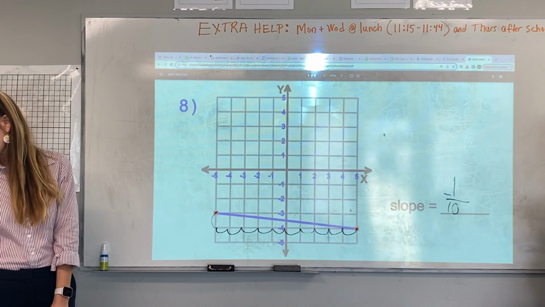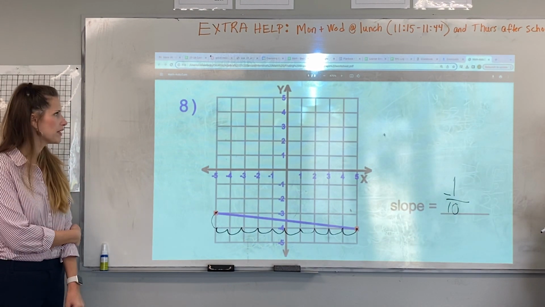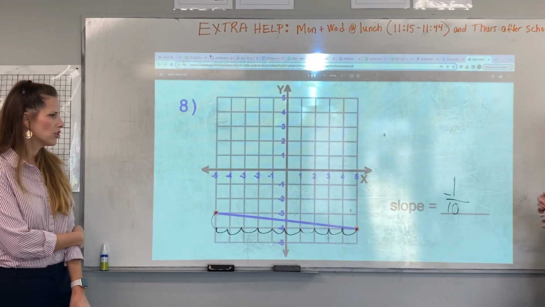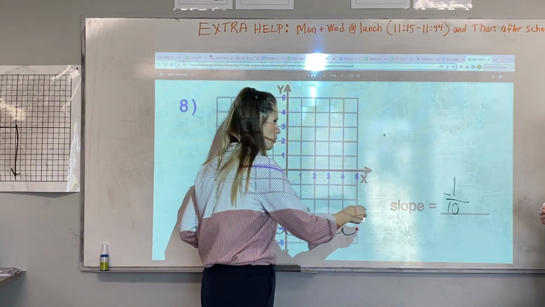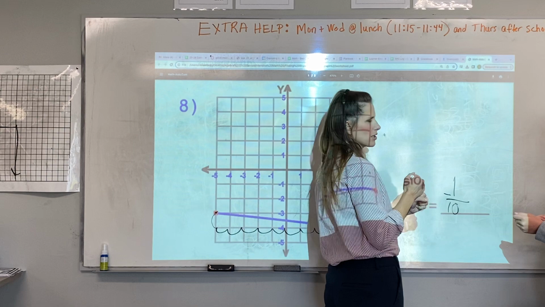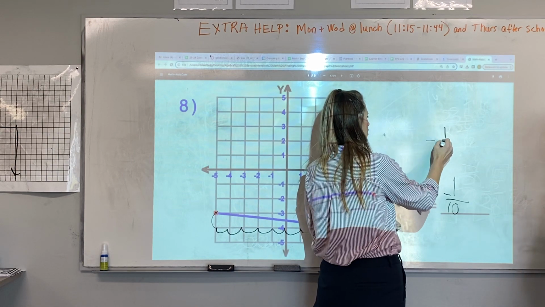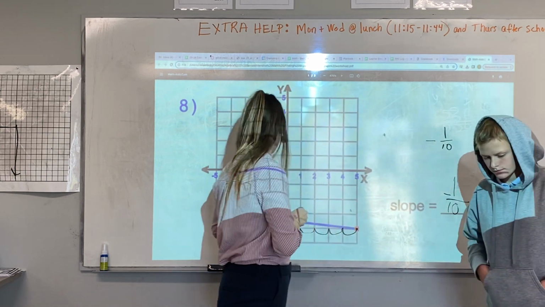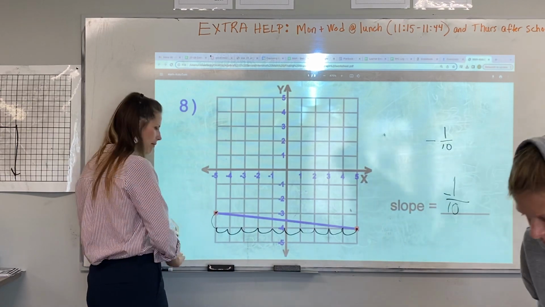Negative 1 over 10. Perfect. Good job. So we write negative 1 over 10, or what our computers like us to do is write a negative on the outside of the fraction and then a 1 over 10. But totally correct. You guys did a great job.